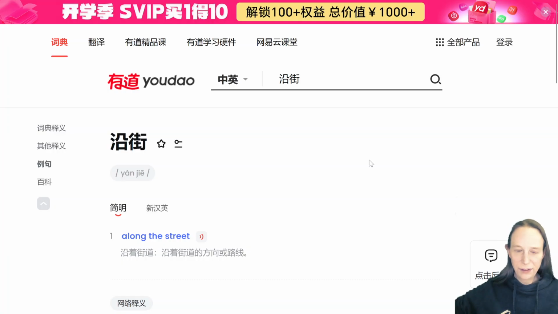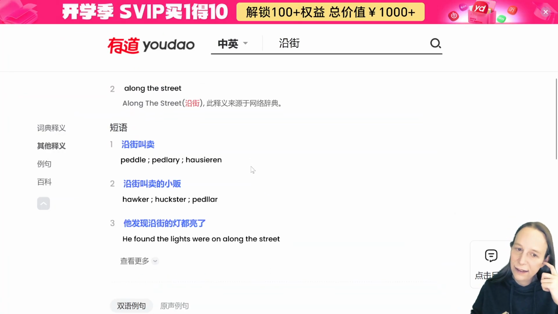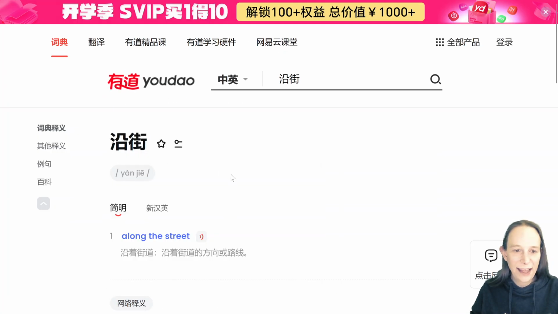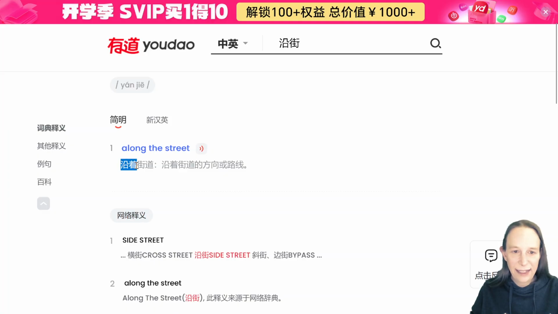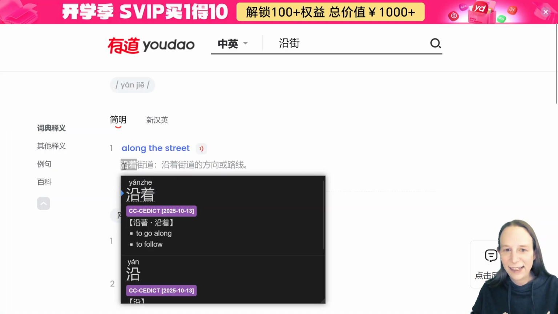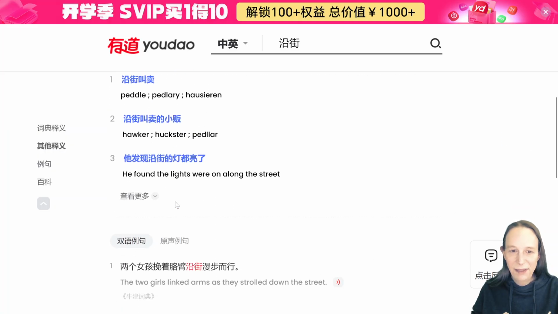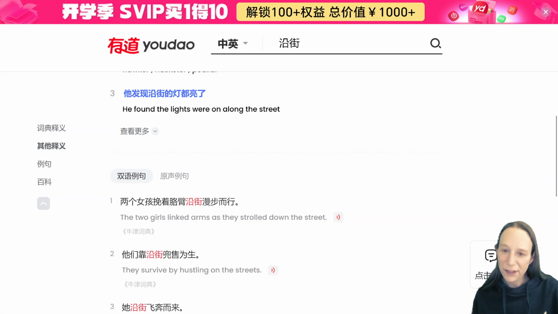This one, along the street. 沿街. Is it a verb? Oh, it's not even in that dictionary. 沿街街道. So this is the follow 沿街. So we should use 沿着 maybe when we want to use the verb version. All right.